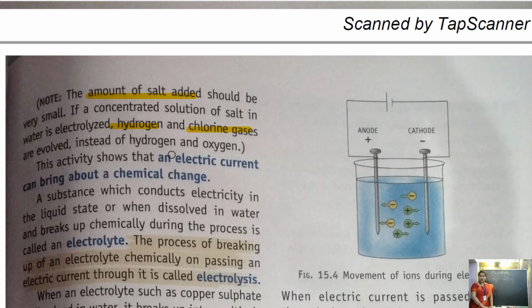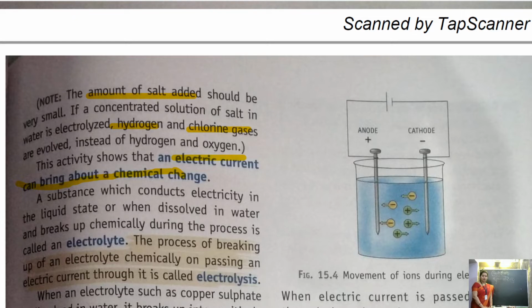This activity shows that an electric current can bring about a chemical change. Alright. So this activity shows that certain chemical activity can take place in a liquid. Okay? ये activity ये show करती है कि liquid में कोई chemical change हो सकता है. Okay? This is called electrolysis.